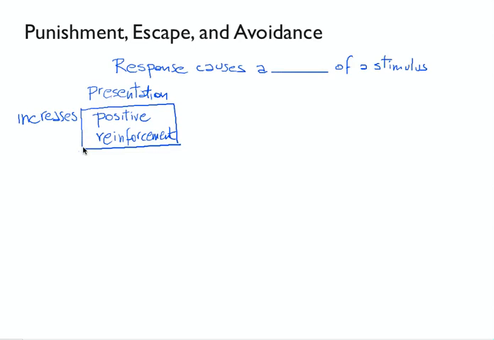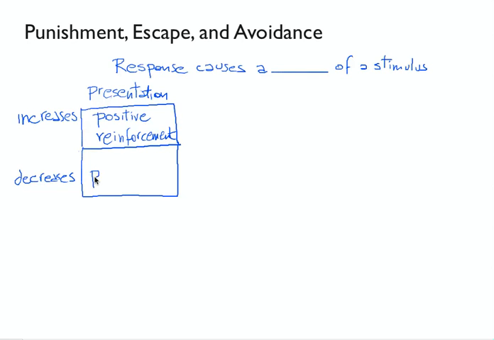One is that the response causes a presentation of a stimulus, and as a result, this contingency decreases the likelihood, decreases the rate of the behavior.